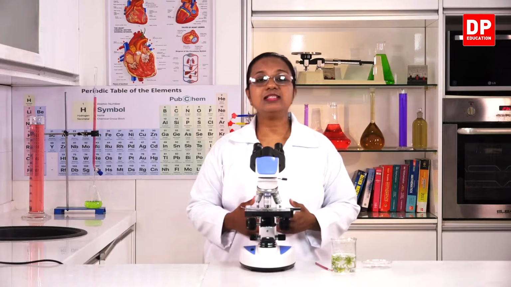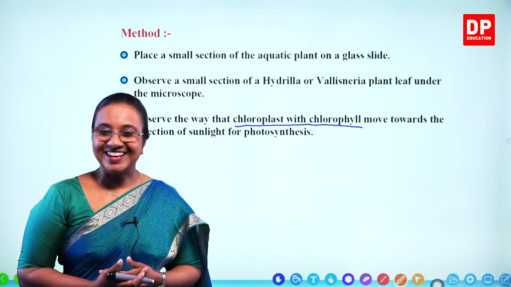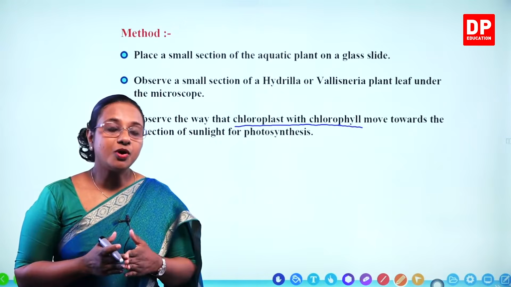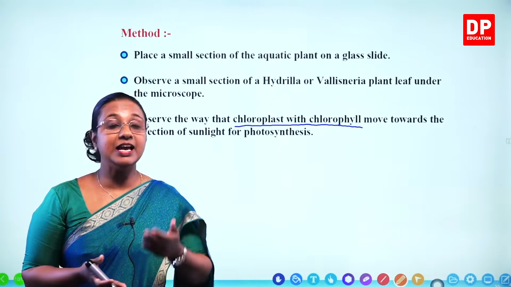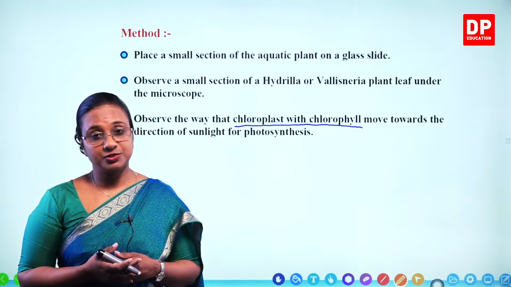So students, now through this observation, you have seen that there is chloroplast in leaves, and that is the internal factor that is necessary for photosynthesis. Okay students, now you saw how cells containing chloroplast look like under the light microscope.